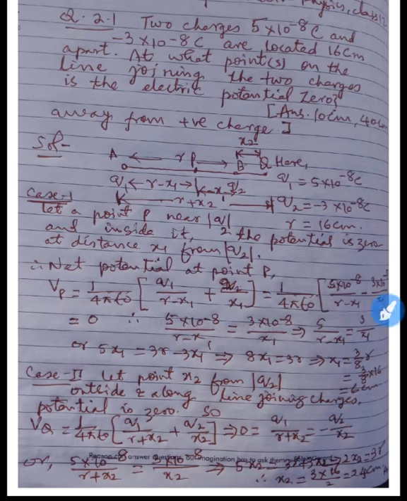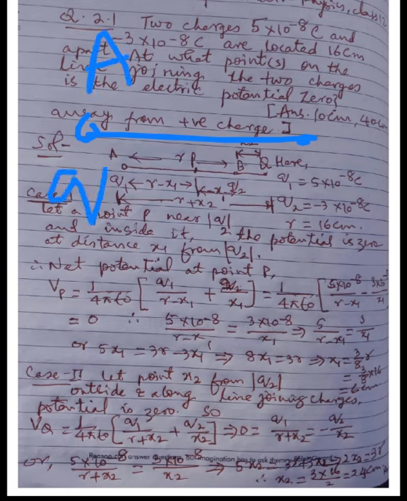Again, for two charges, say charge Q1 kept at point A and charge Q2 at point B, what will be the electric potential at point C?